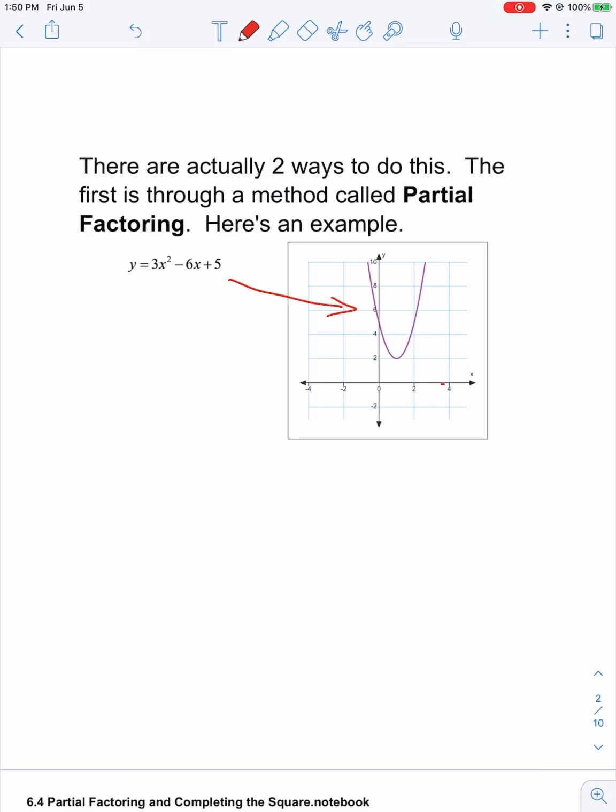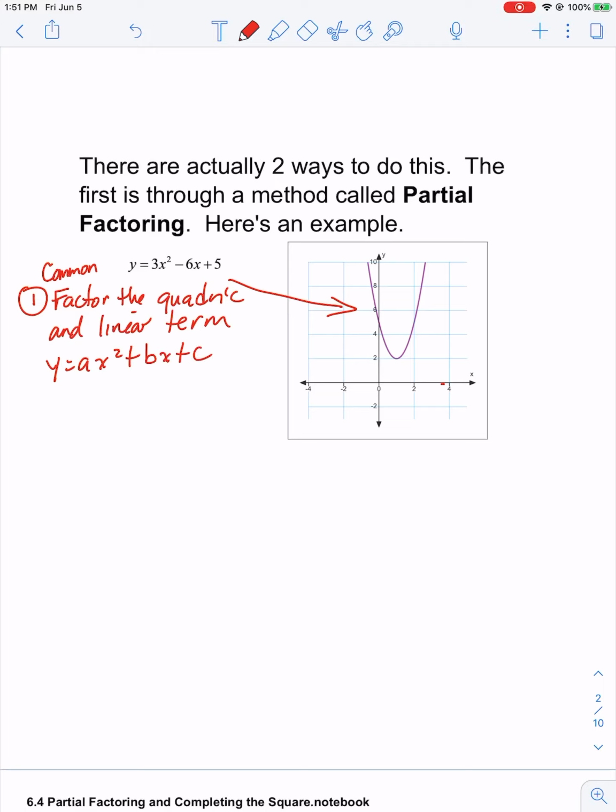So partial factoring says do this. Step number one is common factor the quadratic and linear term. So in y equals ax squared plus bx plus c, ax squared is your quadratic term and bx is your linear term.